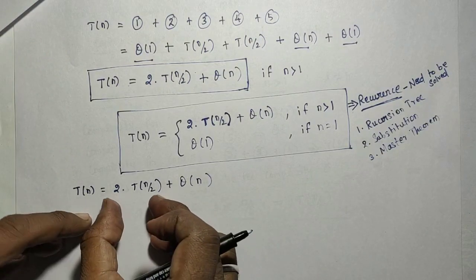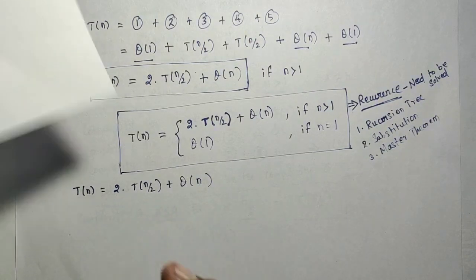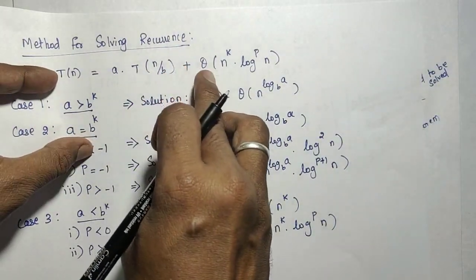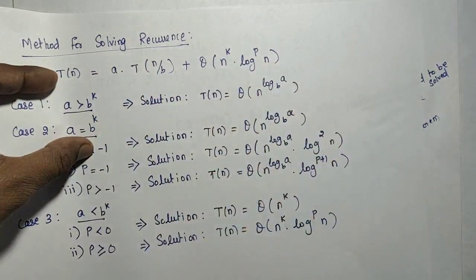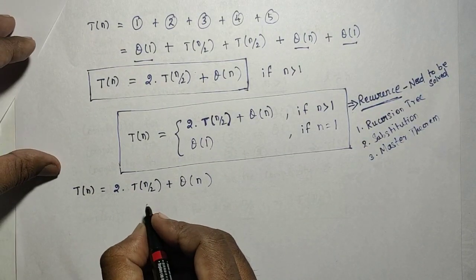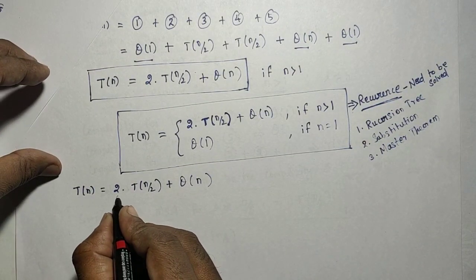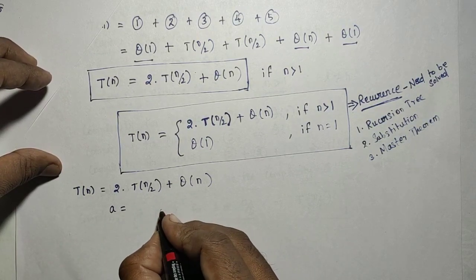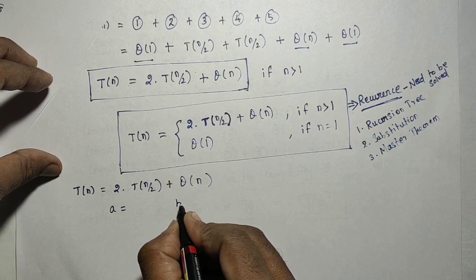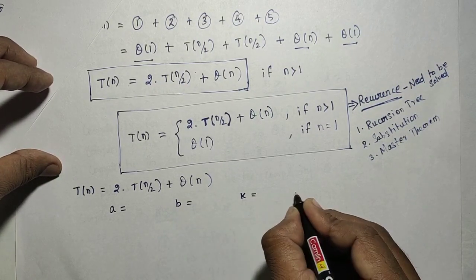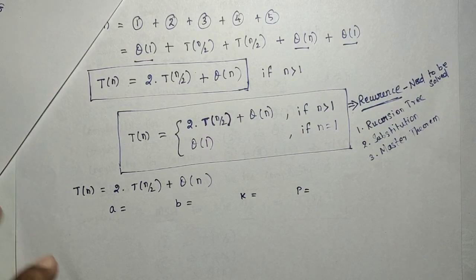This expression looks like the same format, a into T of n by b plus theta of n power k into log n power p, where a, b, k, p are all constants. So just identify the a, b, k, p values.